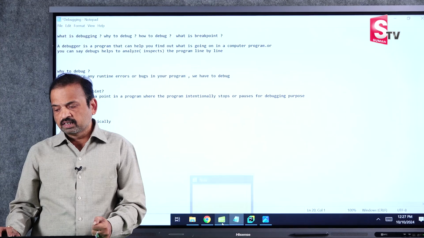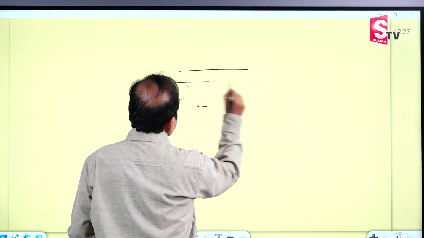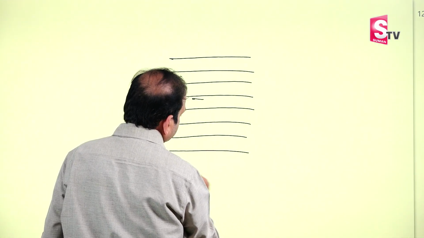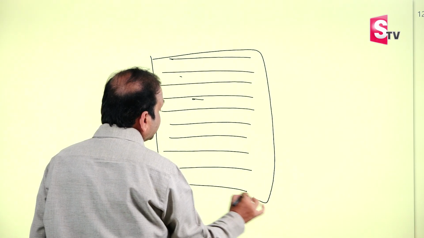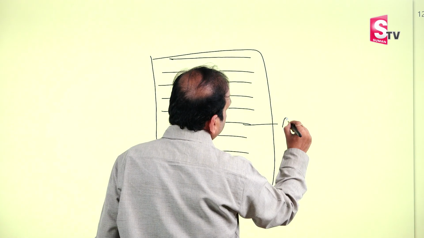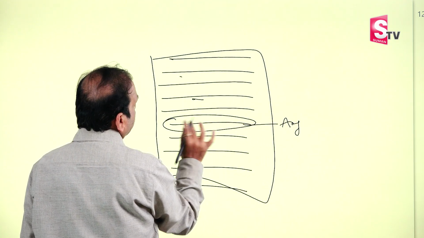See, in real-time project experience, you have lots of code. Hundreds of lines of code will be there in the program, and we need to know where the bug is. We debug the program. Why? Because my program may contain a bug.